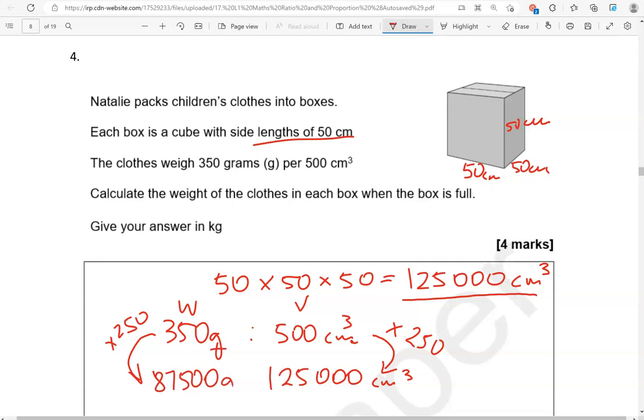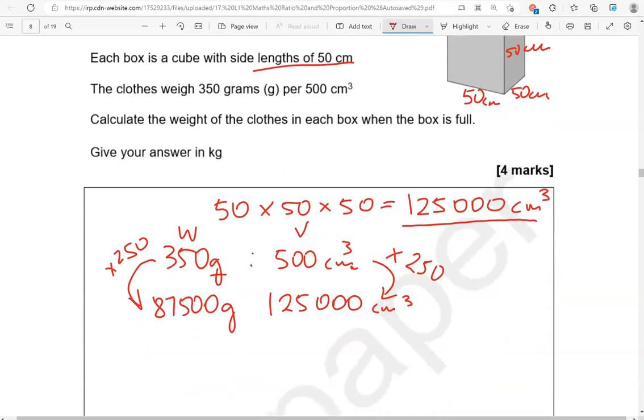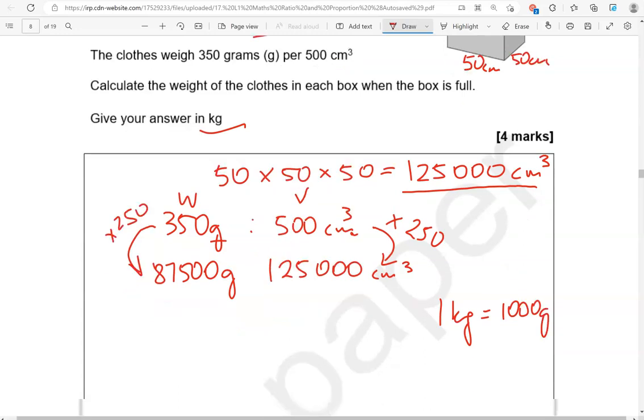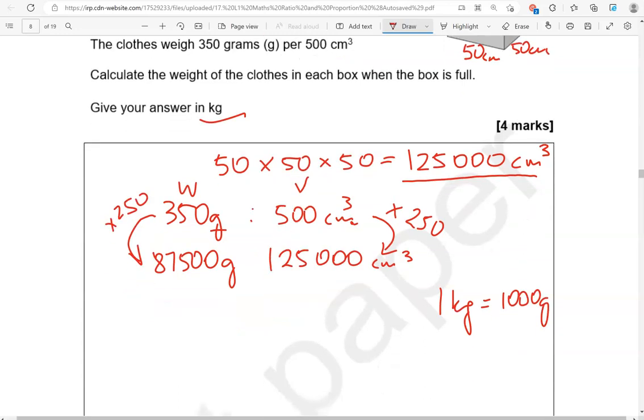That is grams. We've got to give our answer in kilograms. In 1 kilogram, there are 1,000 grams. So 87,500 grams, if we divide that by 1,000, should give us 87.5 kilograms.